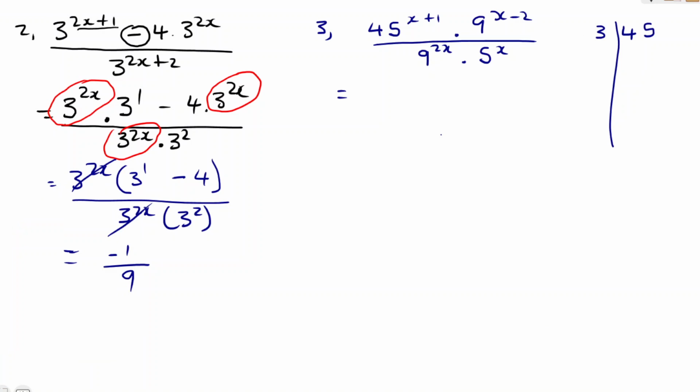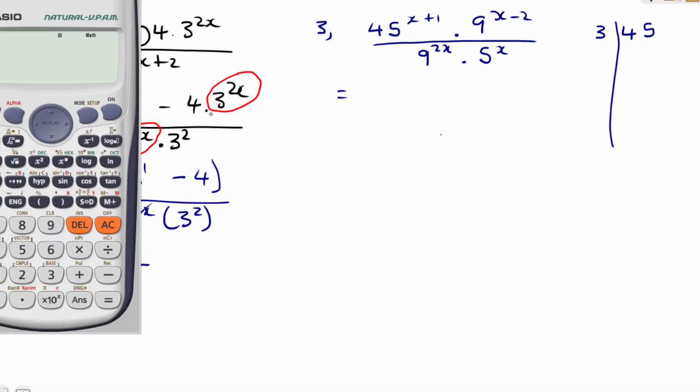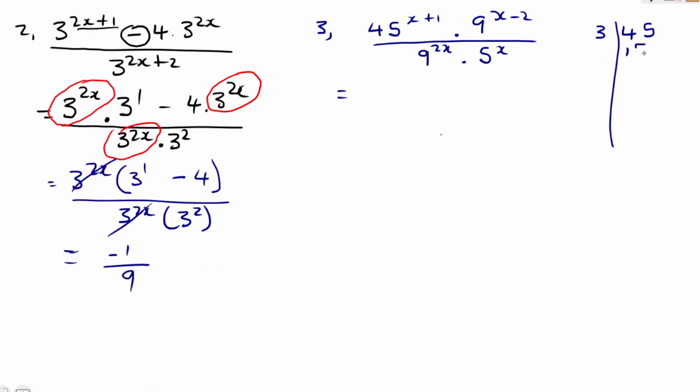So I'm having 45 divided by 3, because 3 can go into 45 and will not leave a remainder. So I'll get 15. Then if I say 15 divided by 3, it's 3, 6, 9, 12, 15, that is 5.